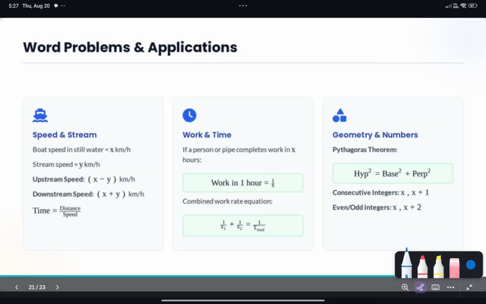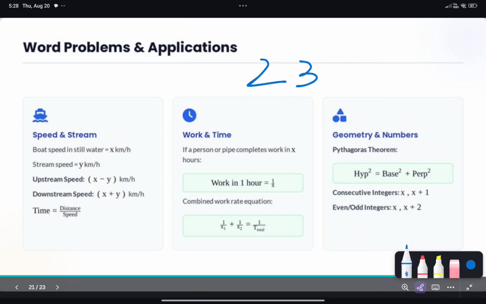Listen carefully. Consecutive numbers. What is meant by consecutive numbers? Consecutive numbers are one after another, immediately, with no distance between them, in the case of numbers or anything. For example, what is the consecutive number of 2? 3 only.